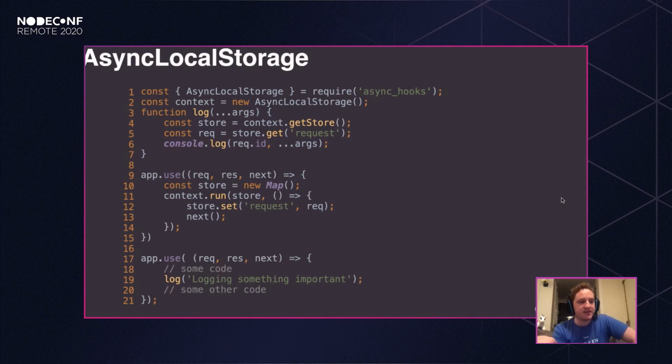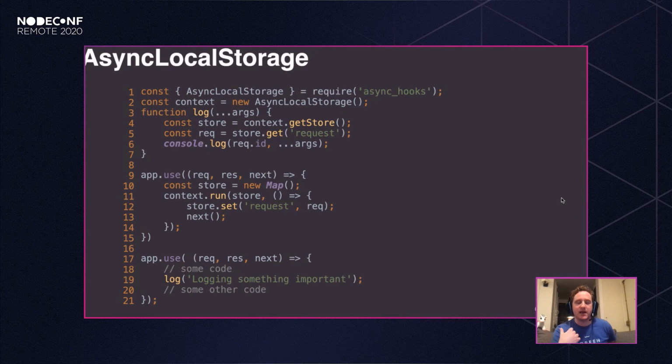So remember the examples about my logger that gets extremely verbose with a terrible signature? Well, let's fix that. So on line 1, I require AsyncLocalStorage. On line 2, I create a new context. And then I create a log function. And this function only takes arguments to log. And what it does on line 4 is it retrieves the current store. It calls context.getStore.